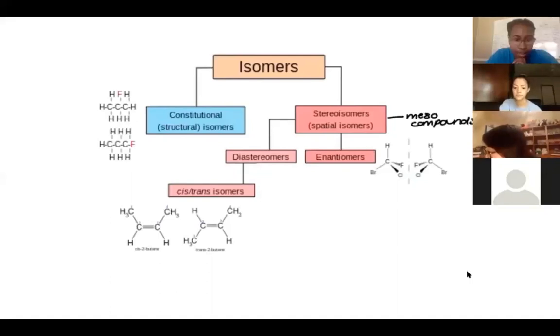Yes. You've got diastereomers and enantiomers, and it's not on the chart, but mesos would be another one. The difference between diastereomers, enantiomers, and meso is that the meso ones would be achiral because they've got the plane of symmetry, while the diastereomers and the enantiomers are chiral stereoisomers. That's probably why whoever created this graph didn't put meso compounds in there, but they're there. Thank you for pointing that out, Lizette.